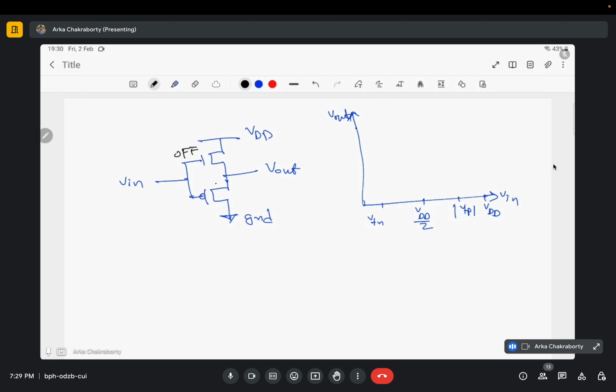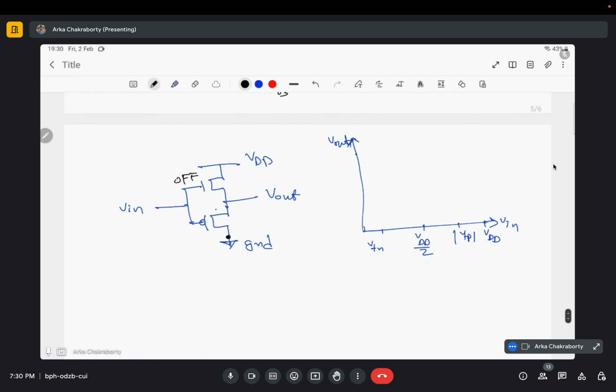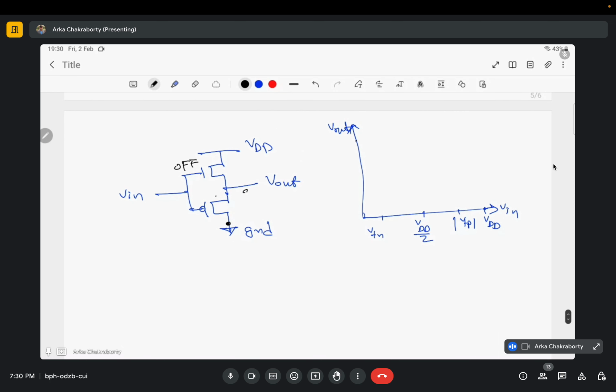It will not be able to pass ground here. What will it pass? When the input is very small, the output should be something like VTP.